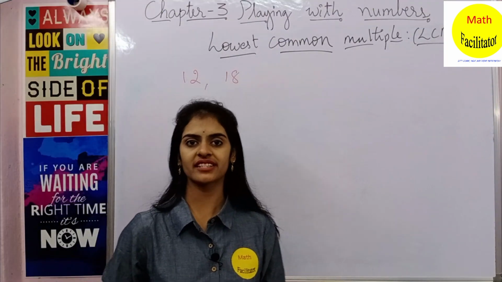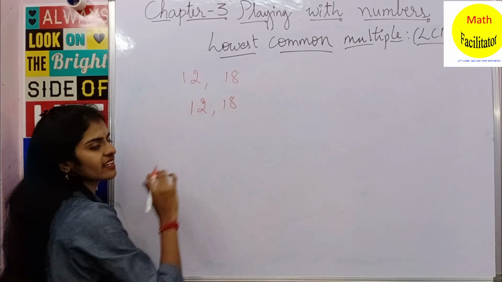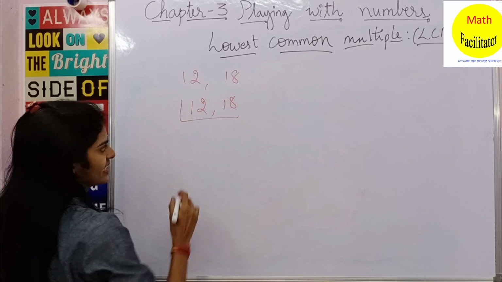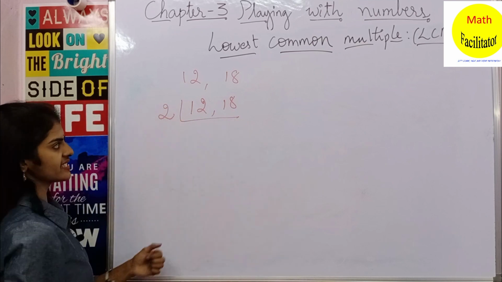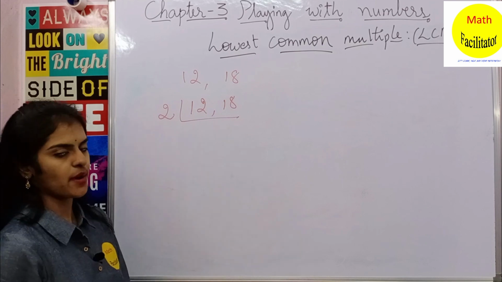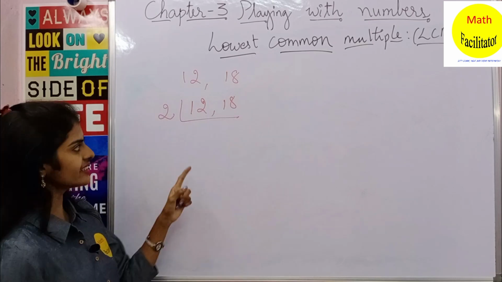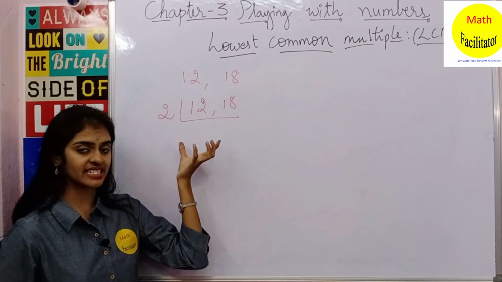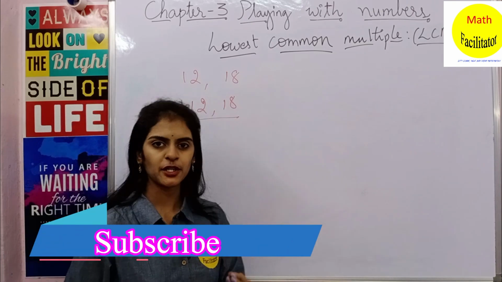So there is another method to find the LCM. We write 12 and 18 at a stretch, and then we prime factorize it. You find that 2 divides 12 as well as 18. But if a number divides at least one number, then you can take it. Here in this case it is dividing both the numbers, but even if 2 divides at least one of the numbers, you can still use it.